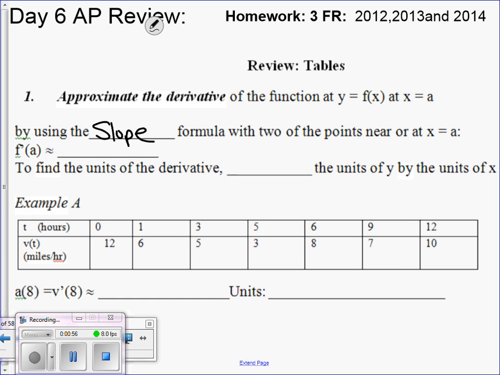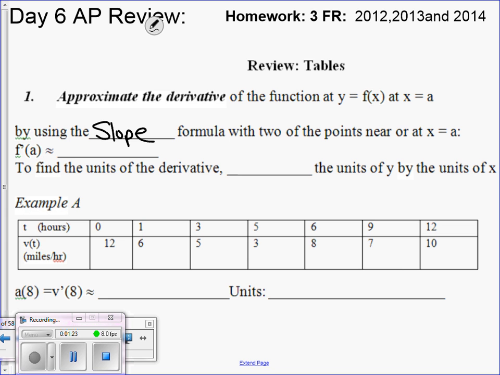Okay, now, so we'll use the slope formula, and to find the units of the derivative, like in this case it could be dy/dt, or whatever. What are you going to do to the units of y and the units of x? What operation to find the units of the derivative? Change in something over change in something else.